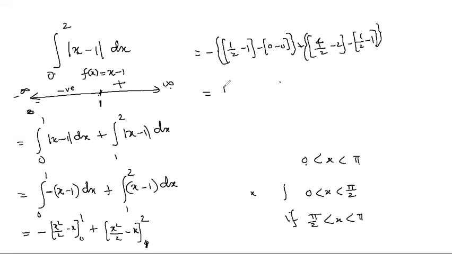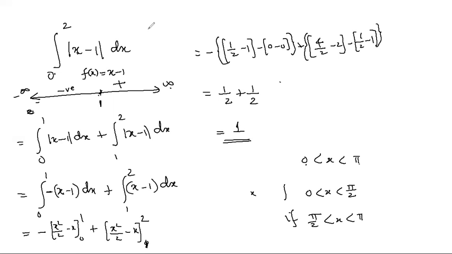That became half. This became 0 and this became plus half. So my final answer is 1. Have you all understood this? Yes, sir. Okay.